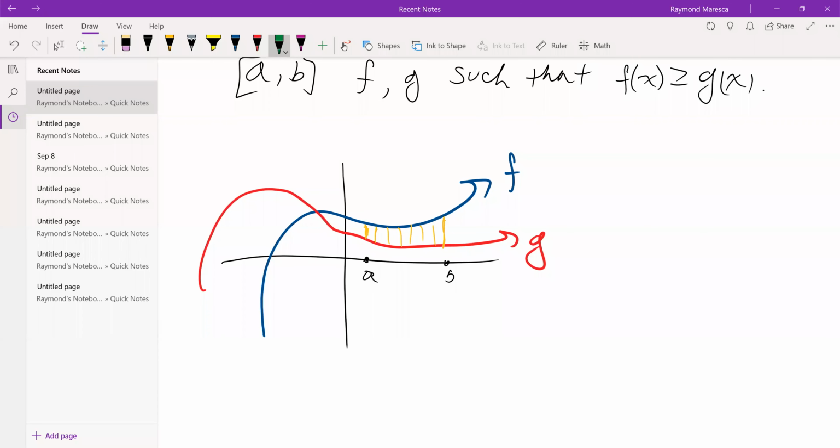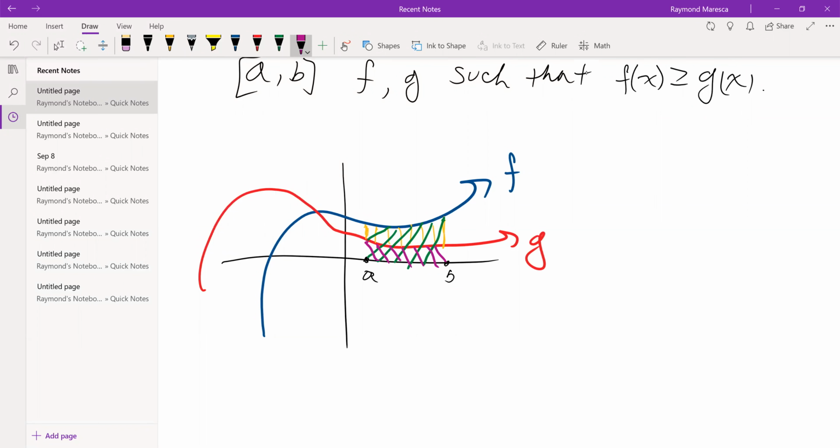Okay. So we know how to find the area underneath f, bounded below by the x-axis and on the left and right by the vertical lines a and b. So we know how to find this area here, all the way down to the x-axis. And we also know how to find this area here, underneath the red curve g of x, bounded below by the x-axis and the vertical lines a and b.